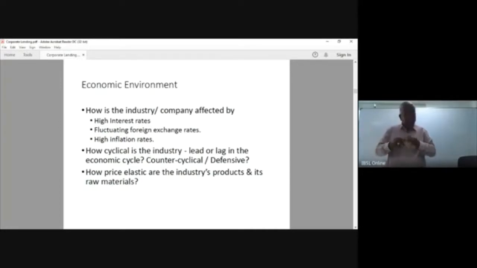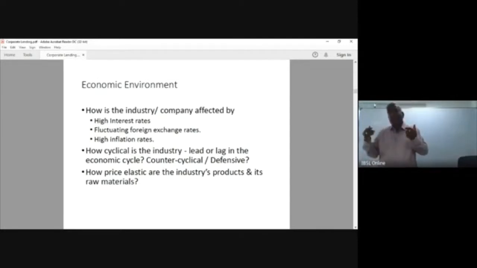Then, fluctuating foreign exchange rate. Actually, the foreign exchange rate should be stabilized over a period of time. If it is always fluctuating, what will happen?